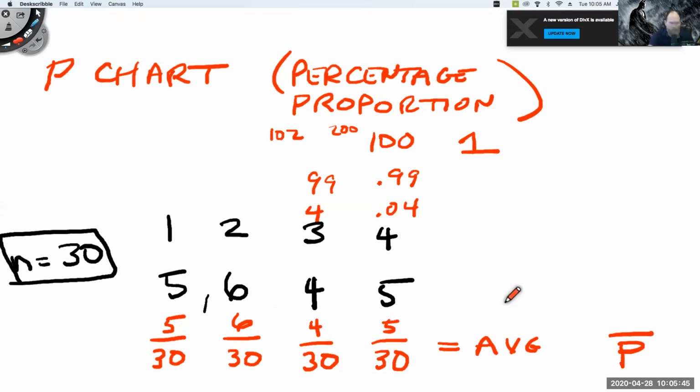Now, back to what I was going to say. If you look on Canvas, I posted some slides for the formula for P bar. And having taught this a number of times now, I actually think the way that formula is written is more confusing and complicated than it needs to be. So I'm not going to walk through that formula.